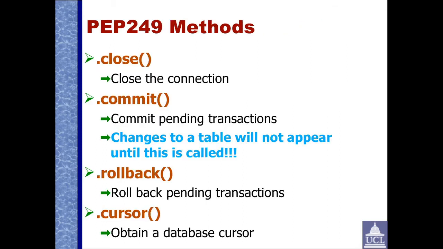The first 4 key methods that you need to know about, other than the connect method, are first of all close, which closes a connection to a database, commit, which commits pending transactions. Now, you may have come across transactions with SQL, and these mean that basically the database is locked until the whole of a query is executed.